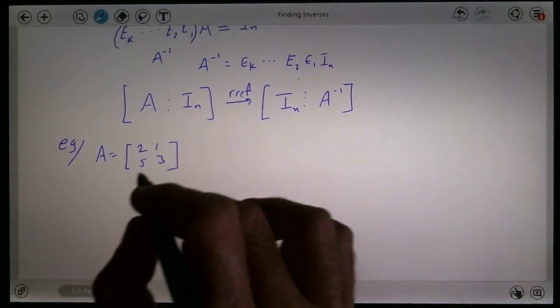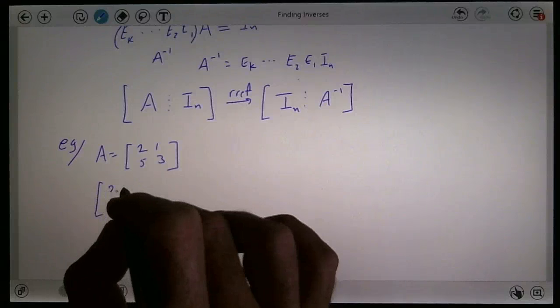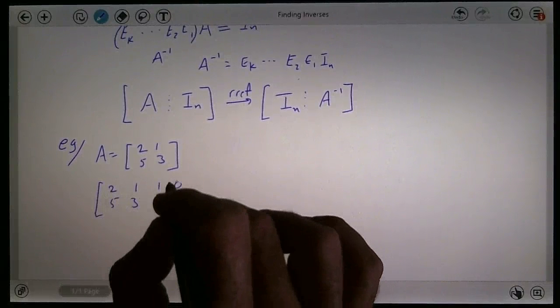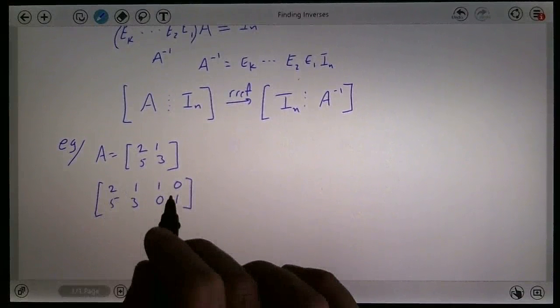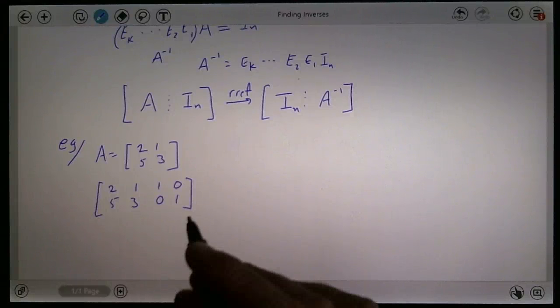So what I'm going to do is make this matrix here: 2, 1, 5, 3, 1, 0, 0, 1. So I've got the matrix A in the first two columns, and I've got the 2 by 2 identity matrix in the third and the fourth column.